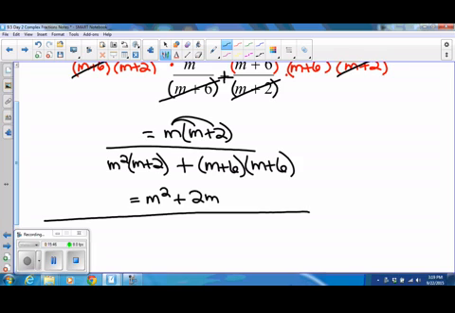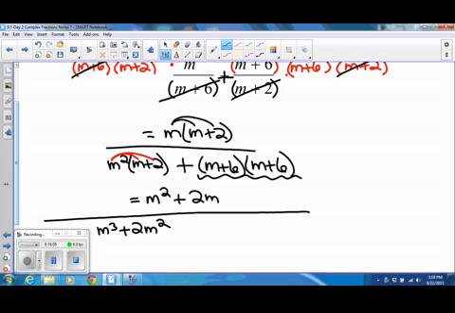Right? On the bottom, I have m to the third plus 2m squared. And then I need to multiply that out.